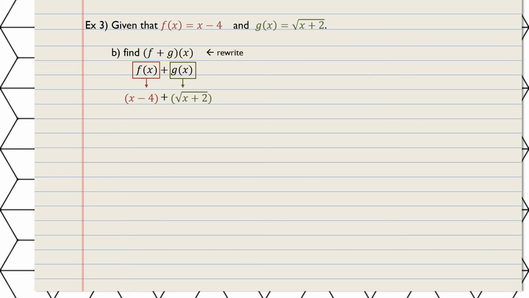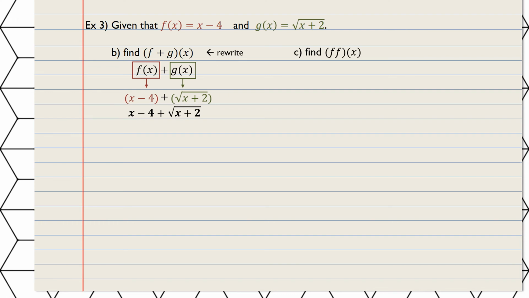So our expression is now x minus 4 plus the square root of x plus 2. By following GEMS, we notice we cannot do anything inside grouping. We have no exponents. There's nothing to distribute in front of either of the parentheses, and we have no like terms, which means your answer will remain x minus 4 plus square root of x plus 2.